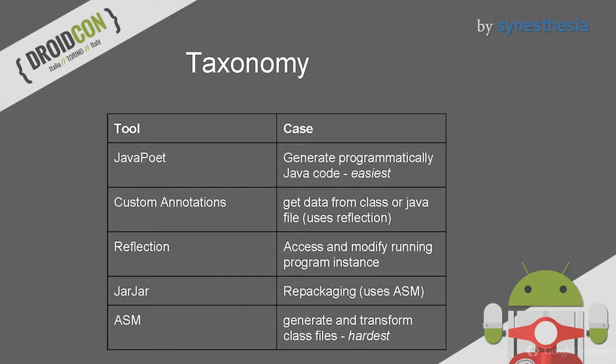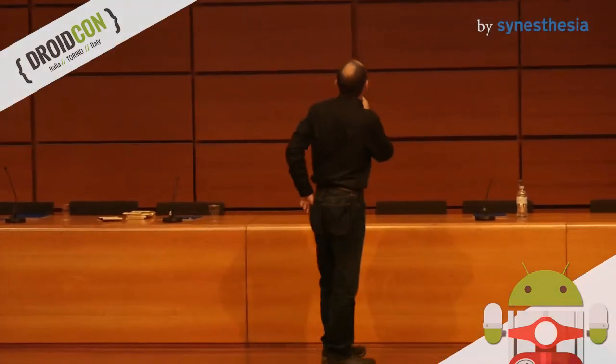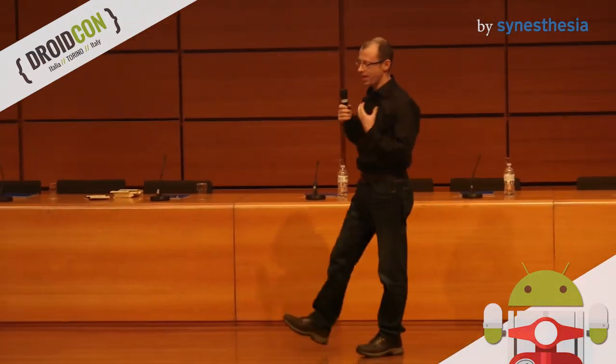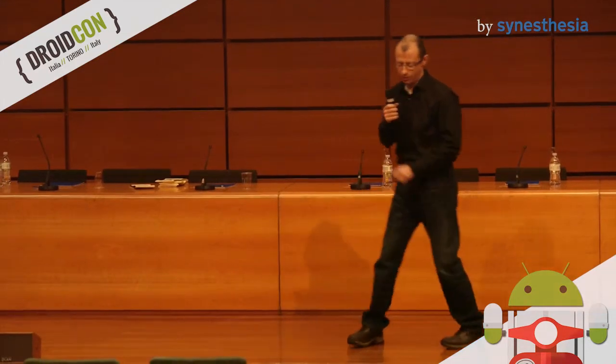So let's do some sort of a taxonomy of the tools that we have been talking about. The recommendation is to go from the easiest to the hardest. If there is a tool or method that can solve your problem, go for it. Don't use your heavy artillery for stuff unless you really, really need it.